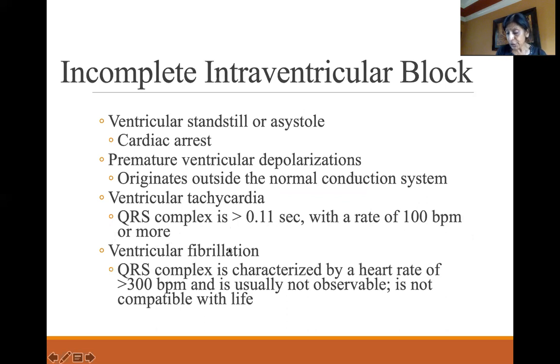Ventricular fibrillation is just like the atrial fibrillation. You have multiple sites within the ventricles. They all would generate their own impulses, and the ventricles are just moving. The muscle is fluttering, but nothing is going to be happening in terms of pumping blood.